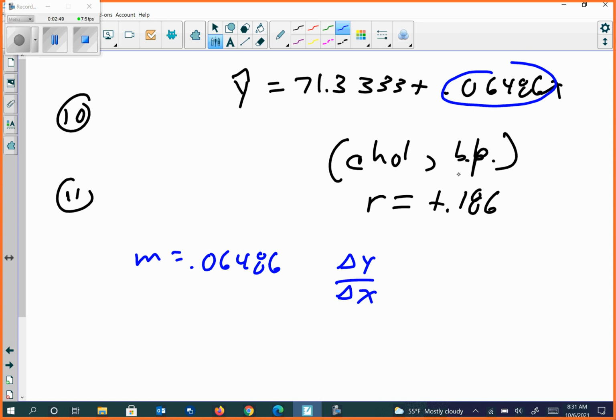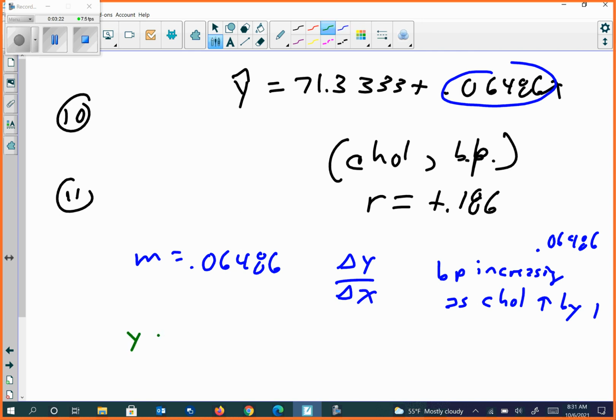So your blood pressure increases as your cholesterol goes up by 1. Okay, so blood pressure increases by 0.06486 if your cholesterol goes up by 1. That's basically the slope.